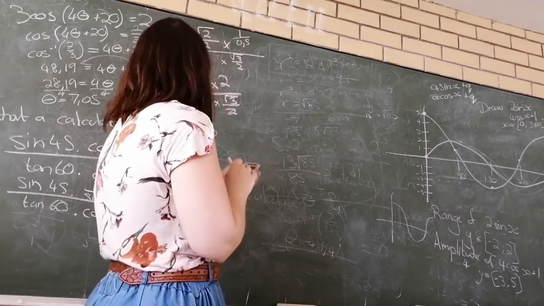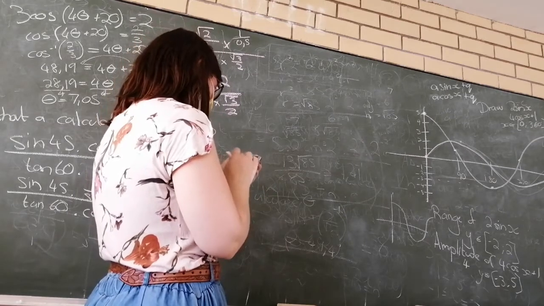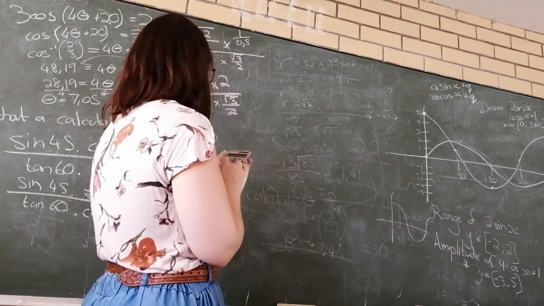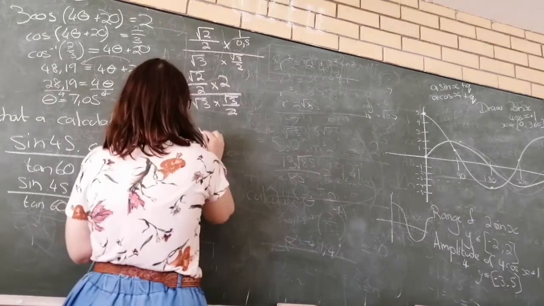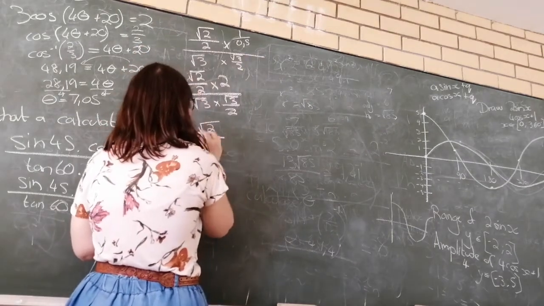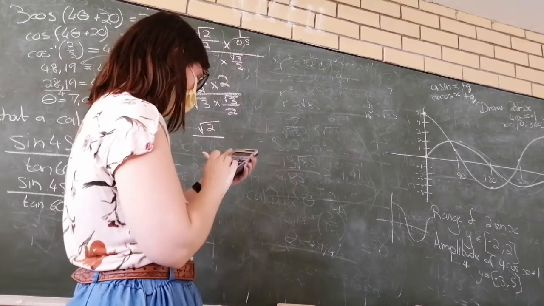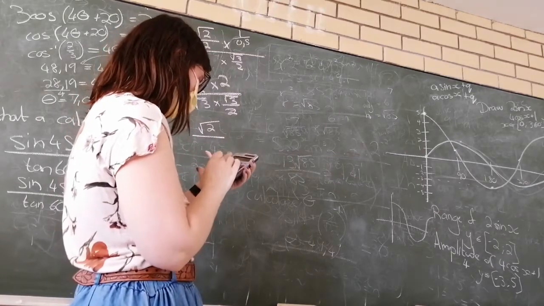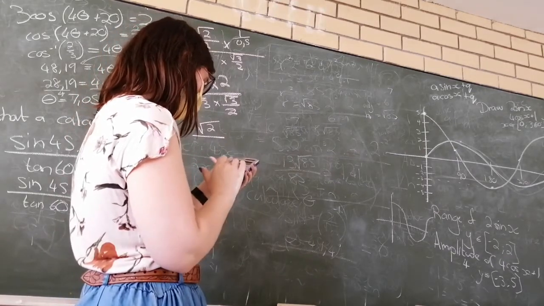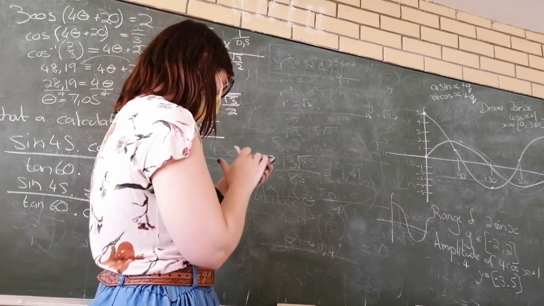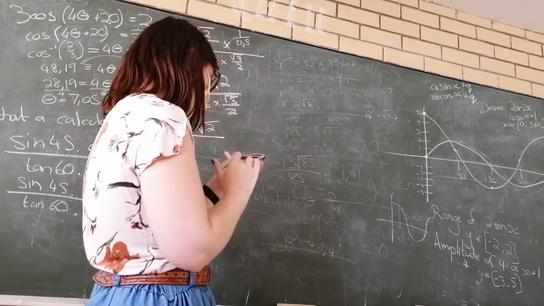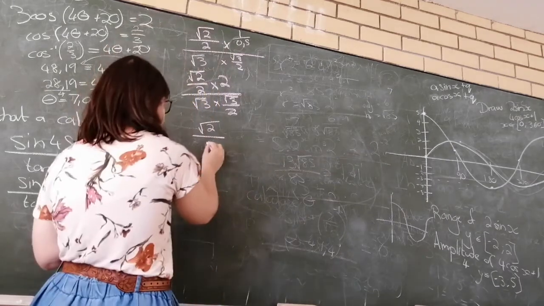Now you can plug the top into your calculator. Root 2 over 2 times 2 gives me root 2. On the bottom we have root 3 times root 3 over 2, which gives us 3 over 2.